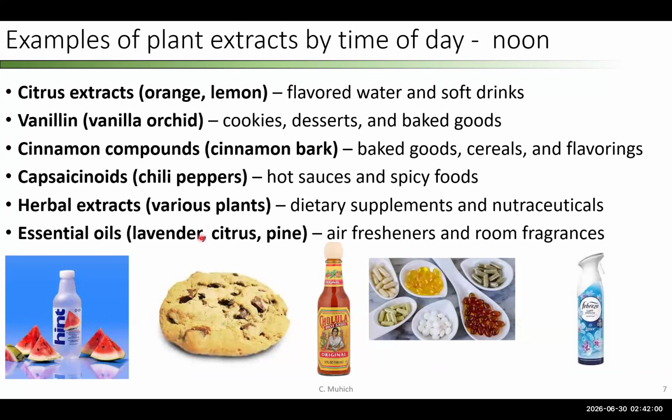As we go through our day, we may have a water or soft drink that has been flavored with various products. So think of anything that's got a hint of natural fruit flavor, or soft drinks that add even your pumpkin spice latte.